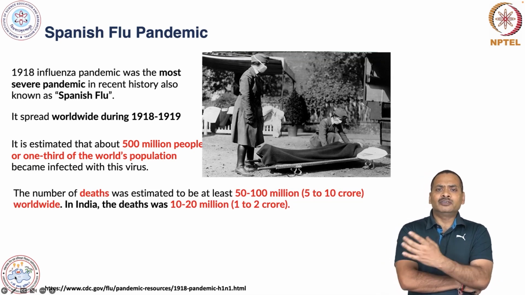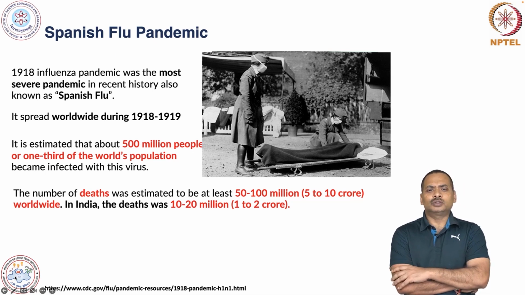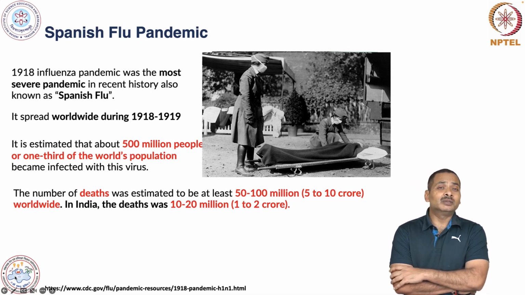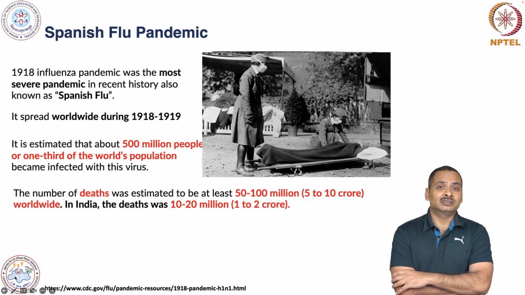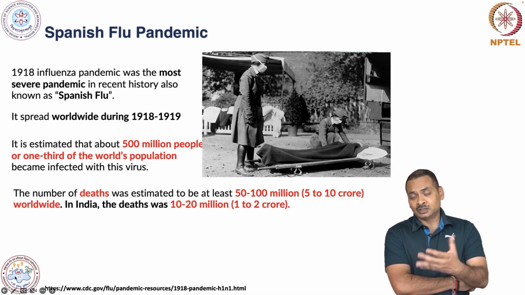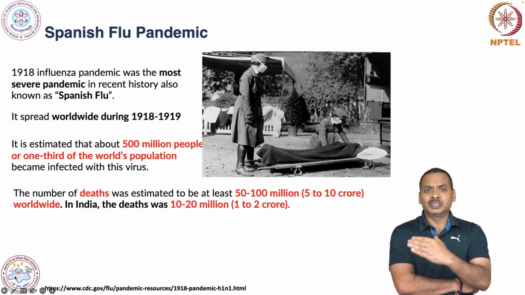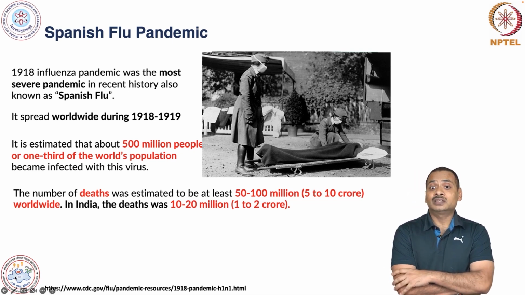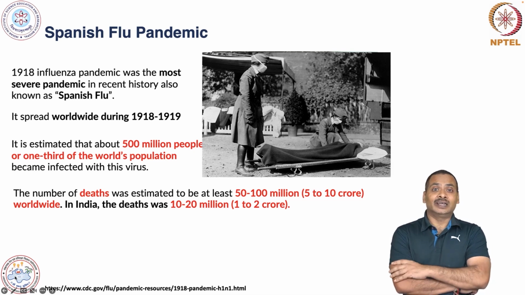It was estimated that about 50 to 100 million people died from influenza virus, which in our numbering system is about 5 to 10 crore people who died at that time.